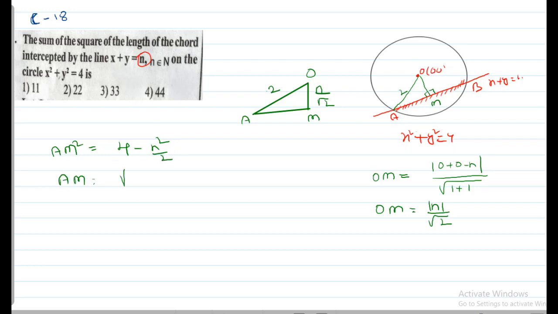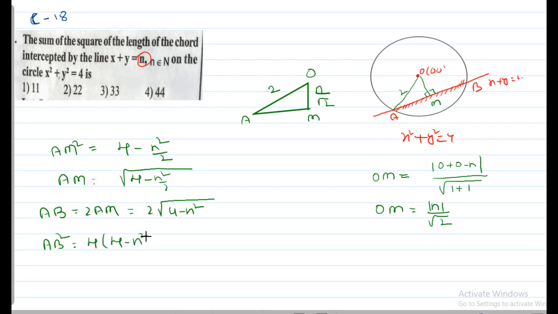AM equal to root over 4 minus n square by 2. We want AB, not AM. AB equal to 2 times AM, that is equal to 2 times root over 4 minus n square by 2. The question is AB square you want actually. AB square is 4 times of 4 minus n square by 2. I think I forgot to write here 2. Leave it.